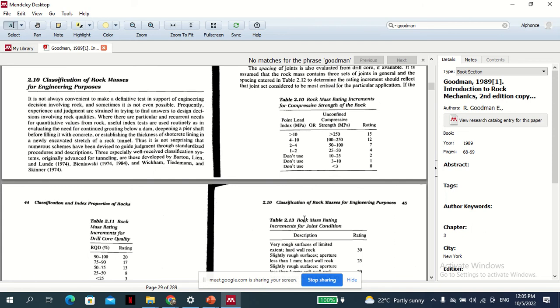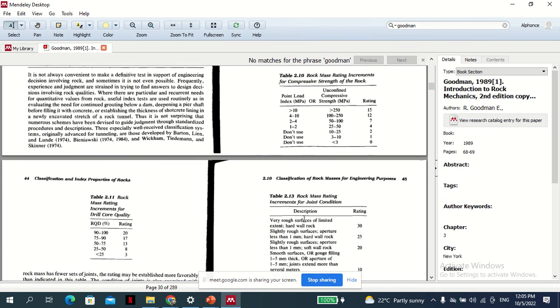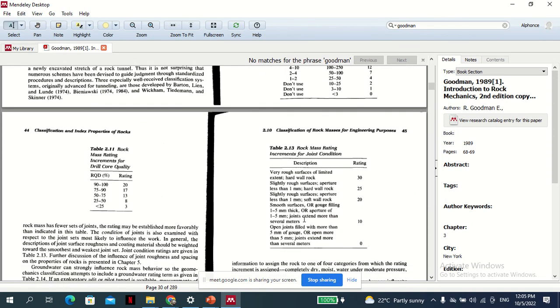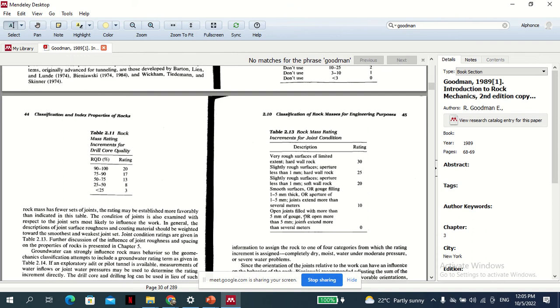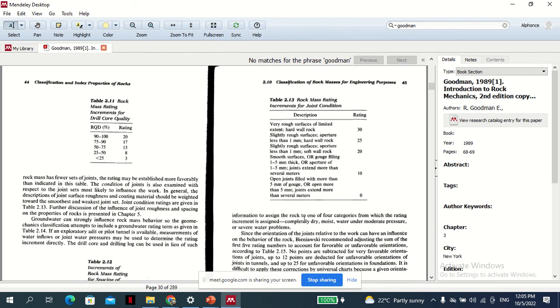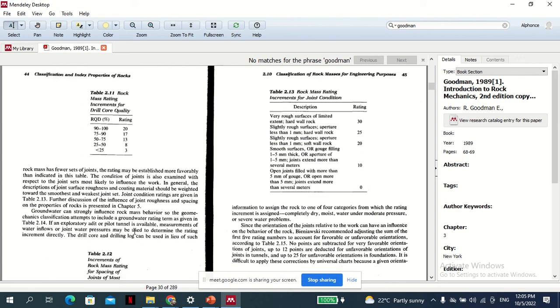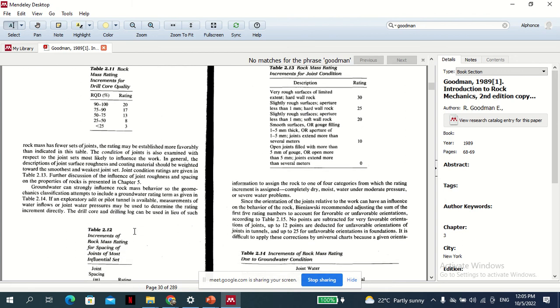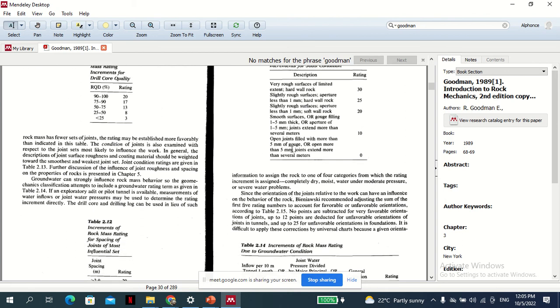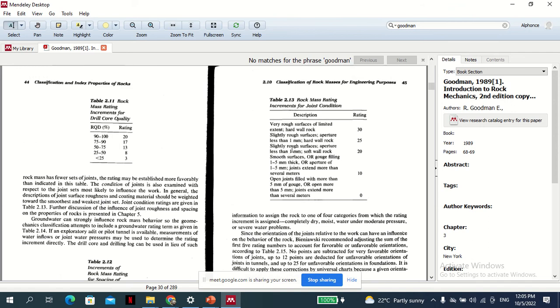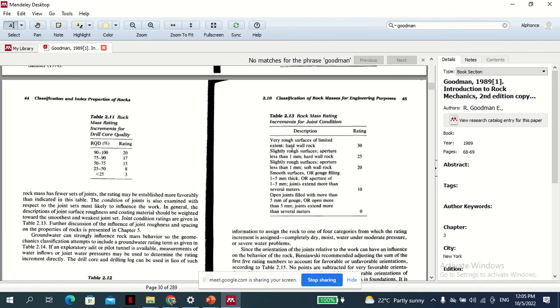Again, there is the joint condition I've said. So you can see, apart from RQD and the uniaxial compressive strength, the rest of these things are based on the joint. The first is the joint spacing, which has 20 marks, and another one you can see now, the joint condition has 30 marks.